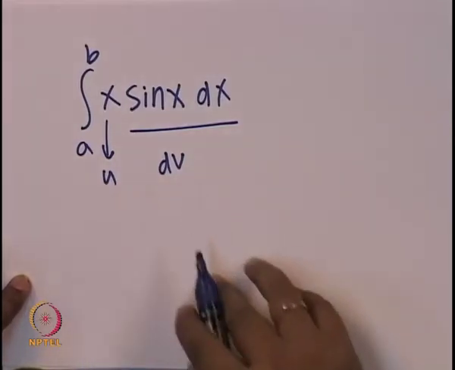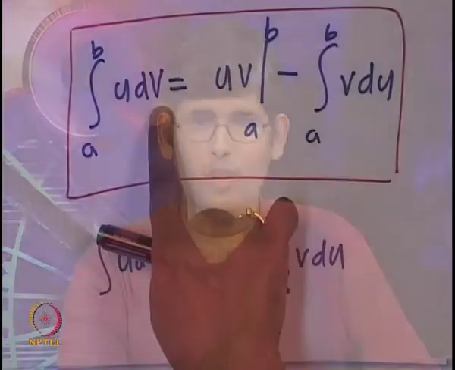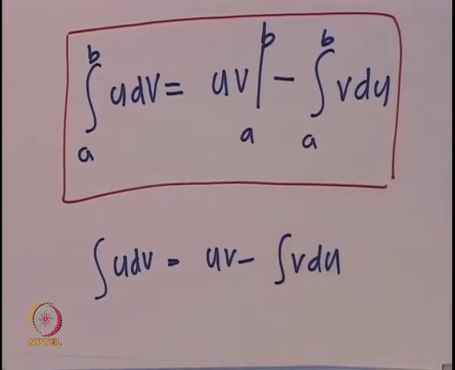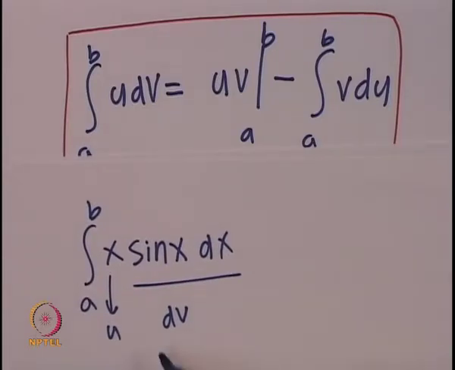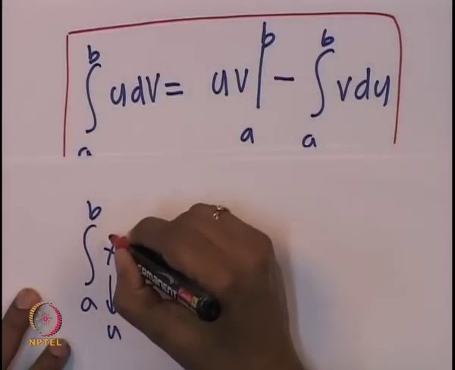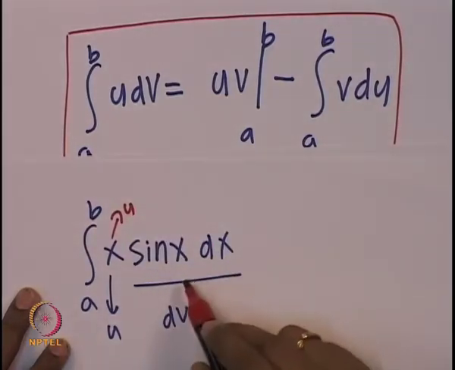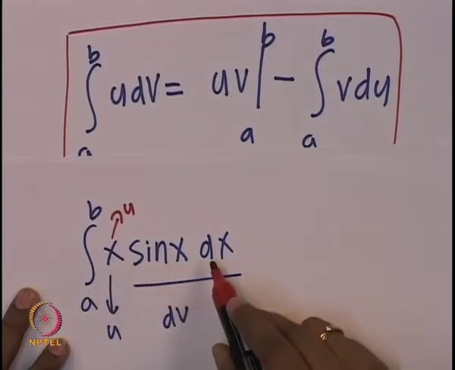So, we can use the formula that we learned, that integral u dv is equal to u v minus integral v du. Here u is x, and sin x dx is dv.